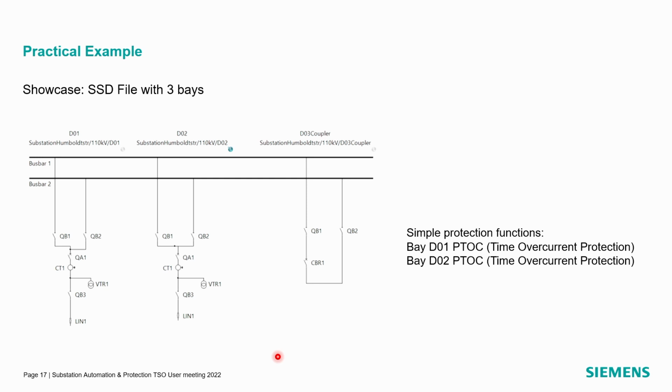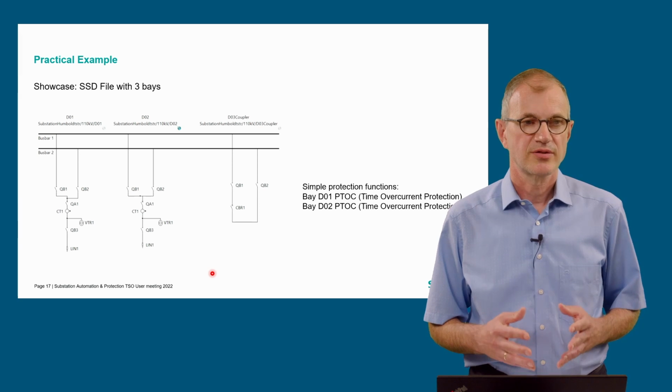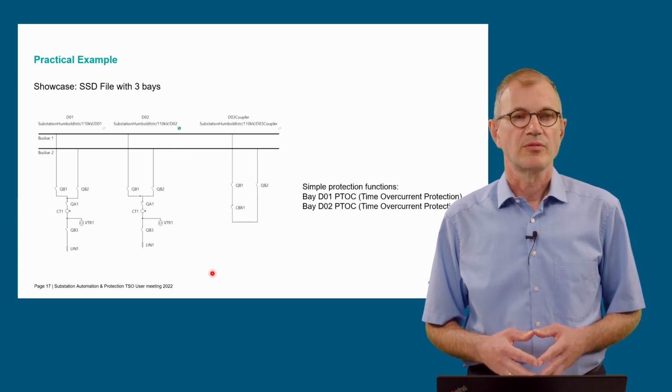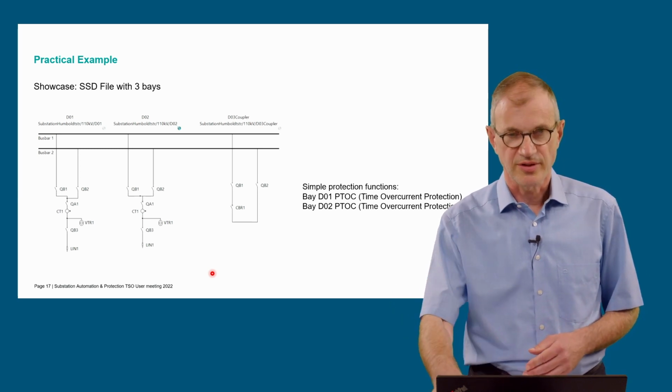This is my suggestion here. So that you can see the difference between using an ICD file from DIGSI on the one hand side and using the library content from the SCT tool, in this case manufactured by Helix. It may be different if you use a different tool.